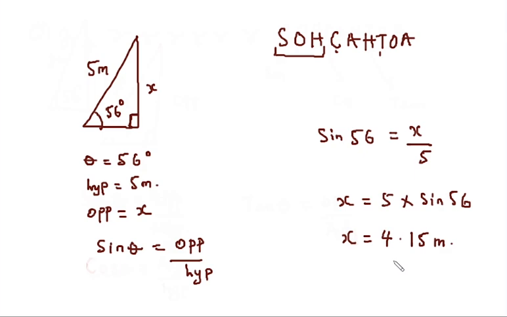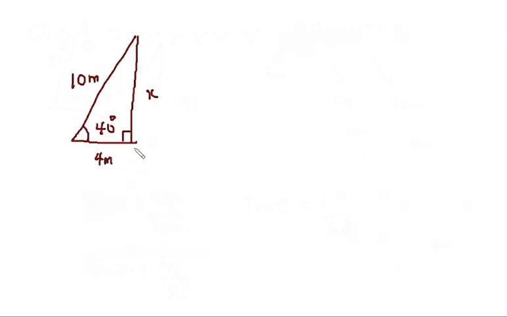So let's quickly take another example. In this example, we are required to find x. You can pause the video and try to solve this one yourself. To find x in this case, we need to find out what we were given. First of all, let's write out the things we're given in this triangle. We're given a theta, which is equal to 40 degrees.